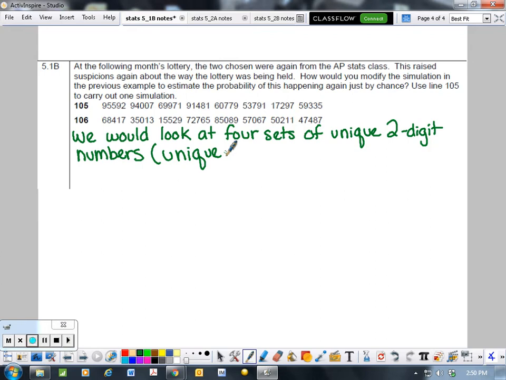Unique where the first 2 are not the same. And the second 2 are not the same.